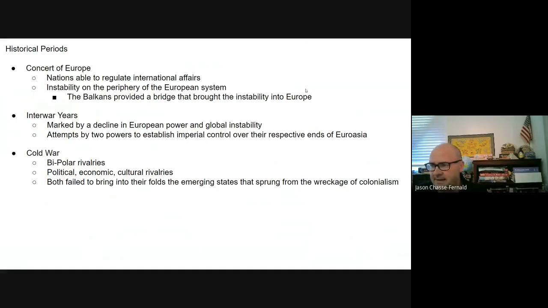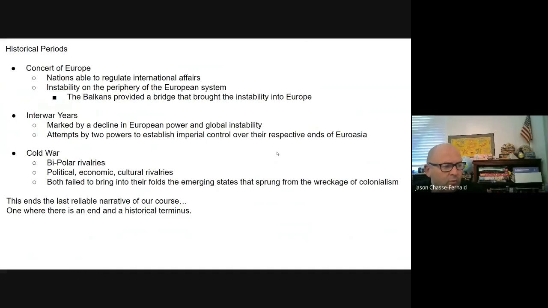However, it's not like Europe, and you will see individual states asserting their new sovereignty to pick and choose the kind of aid and the kind of relationships that they want to develop with the two big powers on their own terms, right? So both will fail to really bring in these new powers.